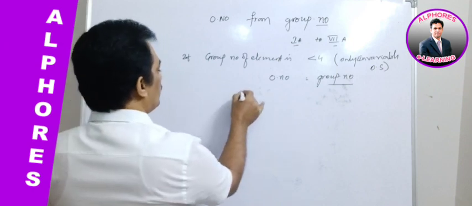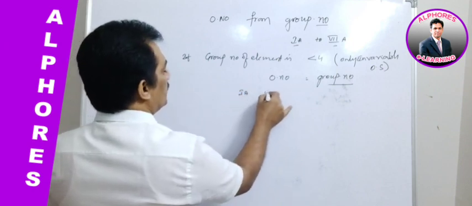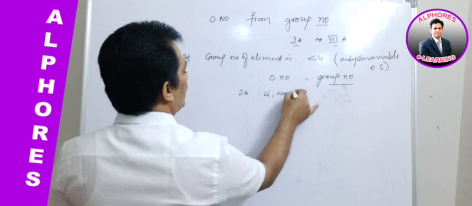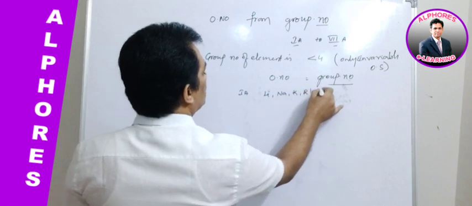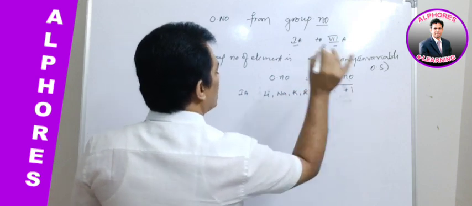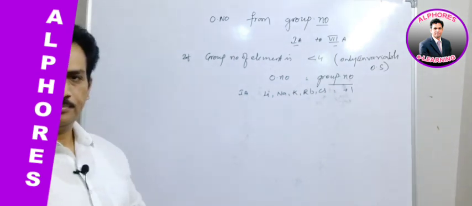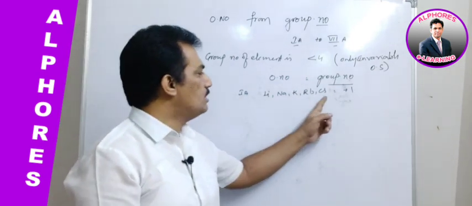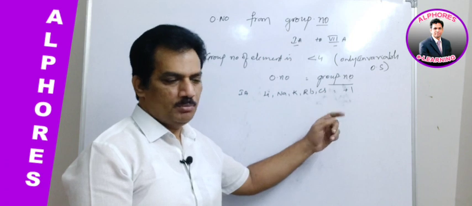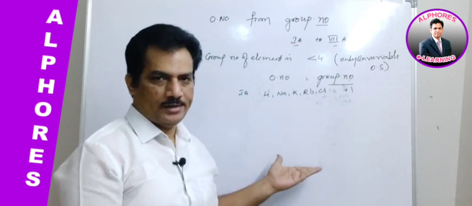For example, first A group elements, lithium, sodium, potassium, rubidium, cesium, all have +1 oxidation state. Already you are familiar with these group members; in the previous discussion also we had the idea.